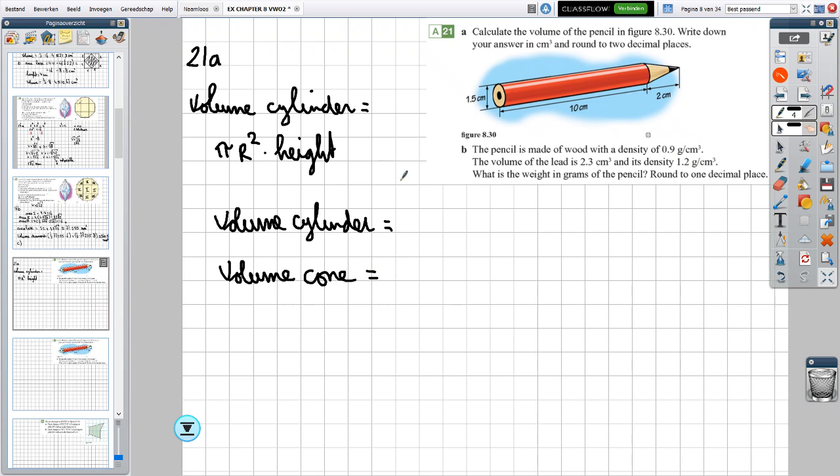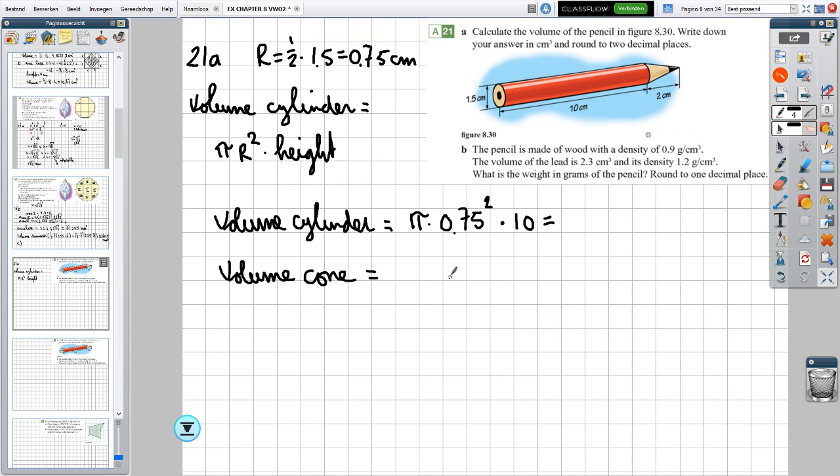The volume of the cylinder is pi times r squared. What is r? Not 1.5, right? R is a half times 1.5, because 1.5 here is the diameter. So it's 0.75 centimeters. So pi times 0.75 squared times the total length, which is 10.